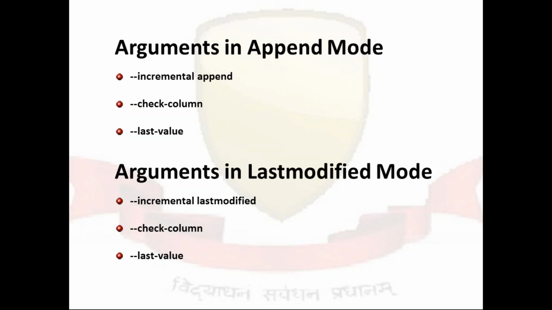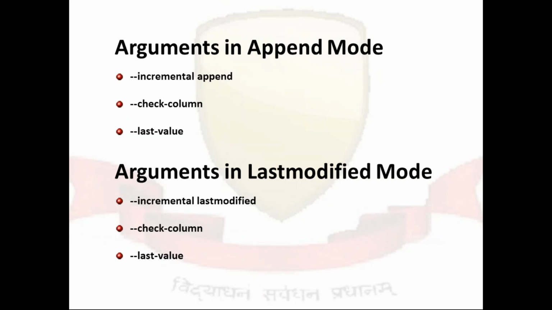If it is your primary key, it may be your entity ID, employee ID, anything like that. So that the next time it imports rows where the entity ID value, primary key value or employee ID, whatever example you set here, is greater than the last imported value.